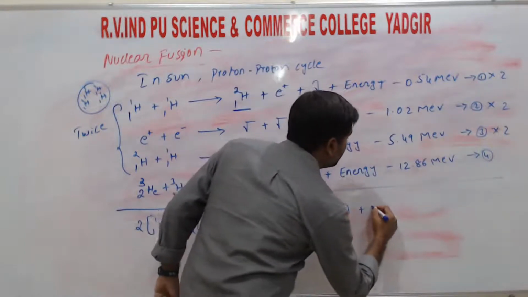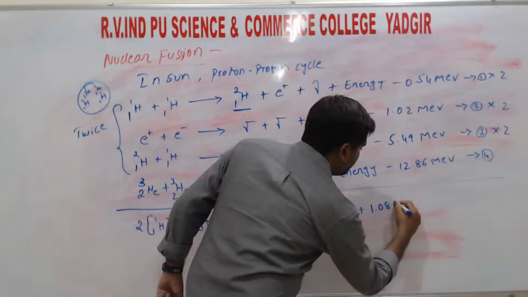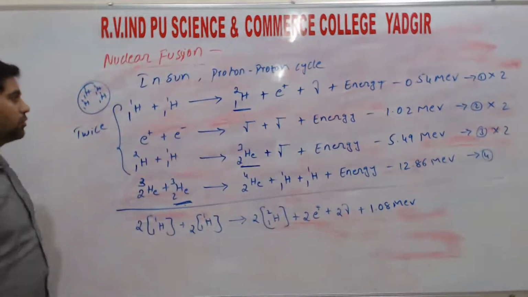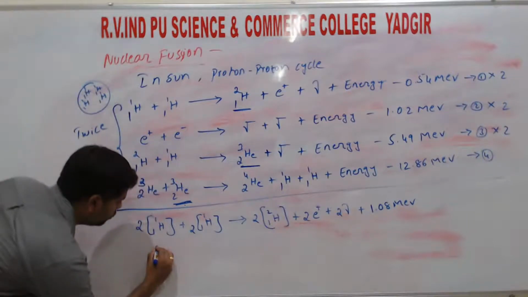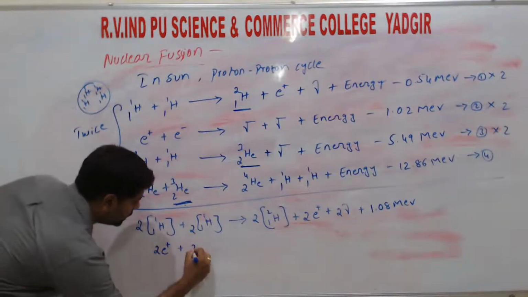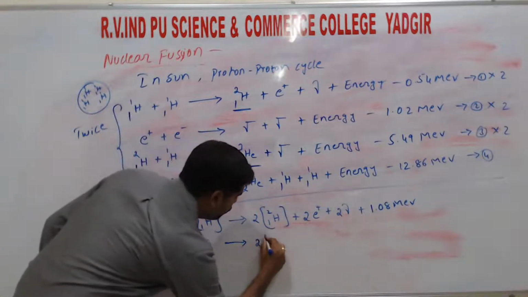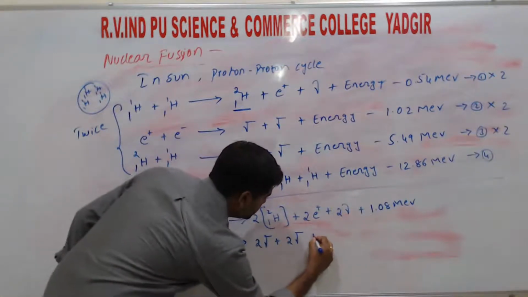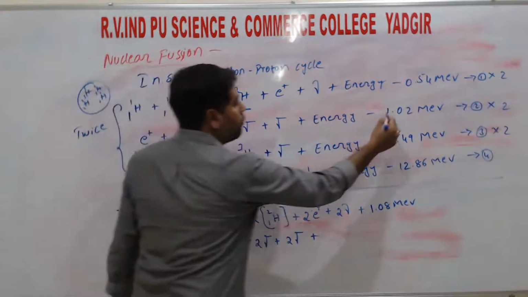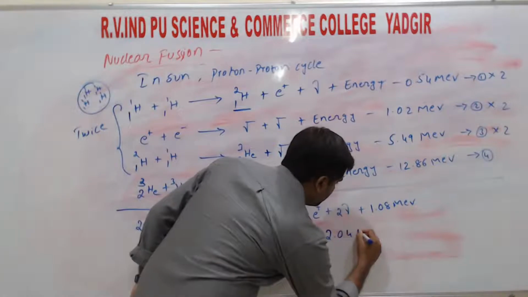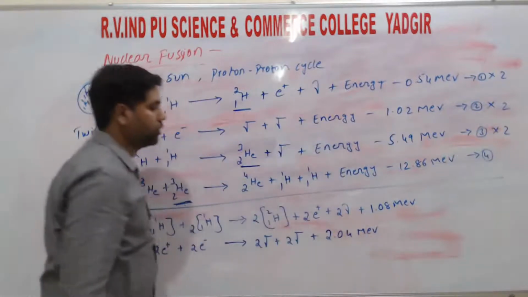So here we get 1.08 mega electron volt, right? The second one is 2 positron plus 2 electron, we get 2 gamma rays plus 2 gamma rays, plus the energy is 1.02 multiplied by 2. So here we get 2.04 mega electron volt.